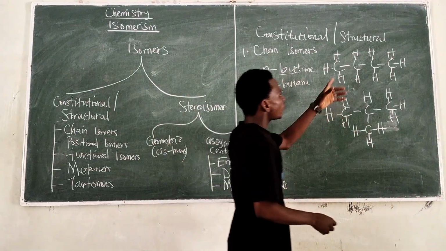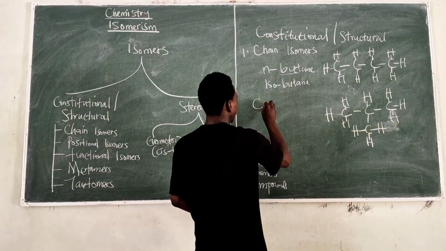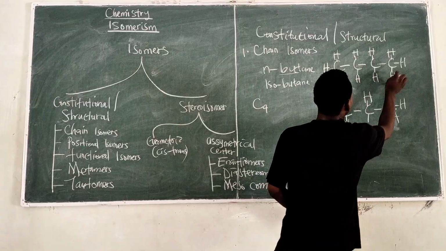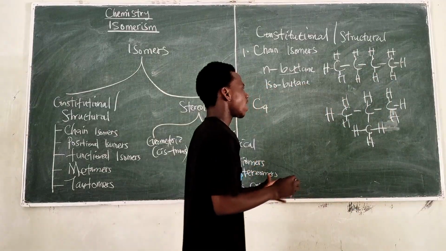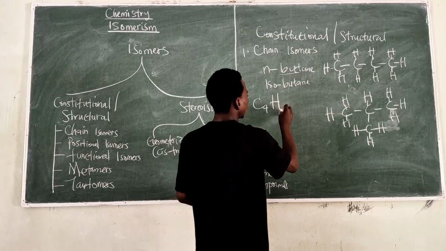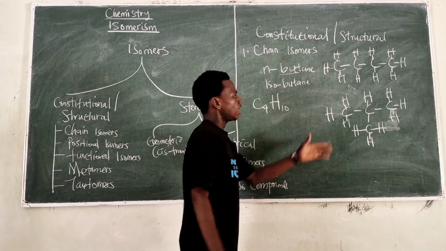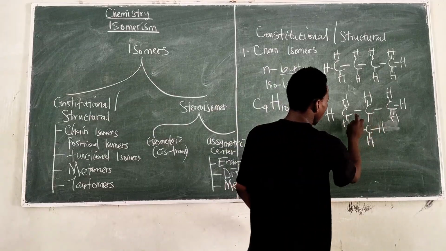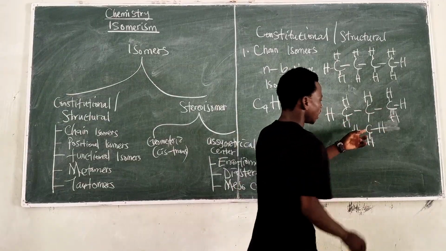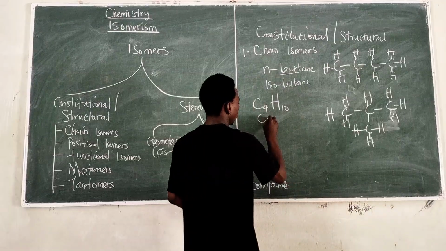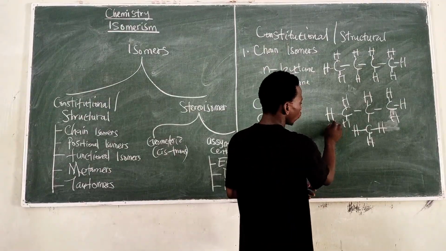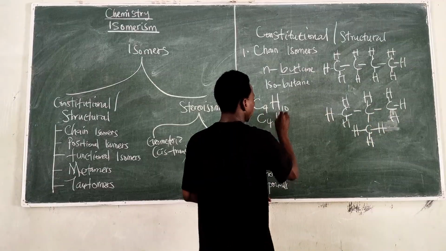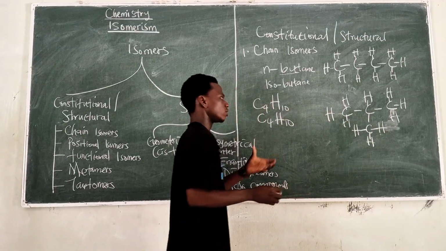In n-butane, we have 4 carbons, and then 10 hydrogen atoms. And then in isobutane, we have 4 carbon atoms also, and then 10 hydrogen atoms.